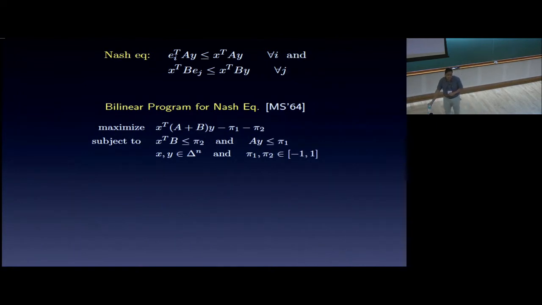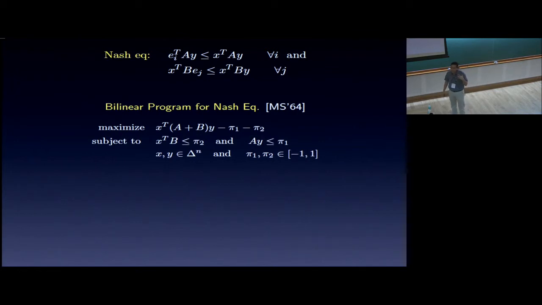Now here's this classical bilinear program that captures Nash equilibria of the game. This is a bilinear program by Mangasarian and Stone. So I don't really need for you to understand the nitty-gritty details of this bilinear program. All I want to say right now is that, believe me, there is a bilinear program such that the optimal solutions of this bilinear program correspond to the Nash equilibria of the game.